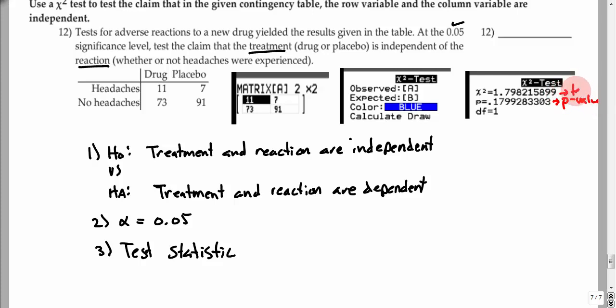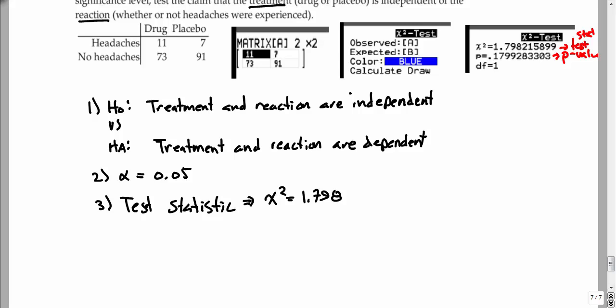And then of course my test statistic. So my test statistic I just found up above was chi-squared equal 1.798. Number 4 is my p-value, big P in this case.